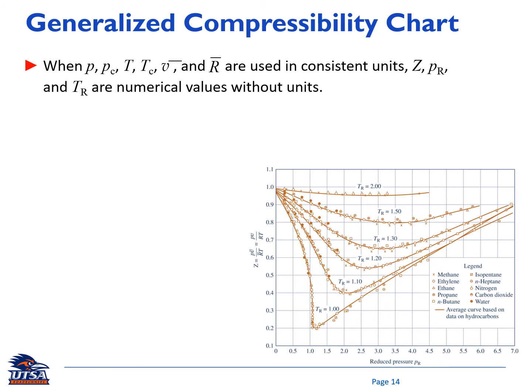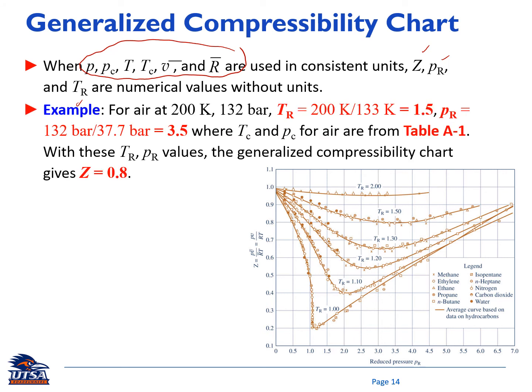When this list of parameters is used in consistent units, then Z, PR, and TR here are numerical values without units, so they are unitless.